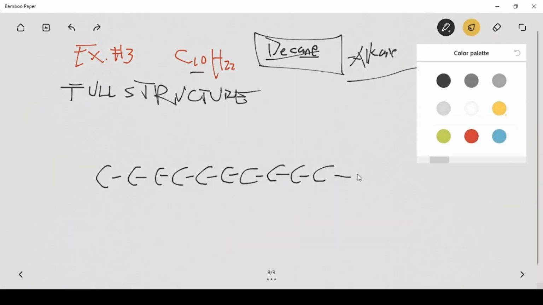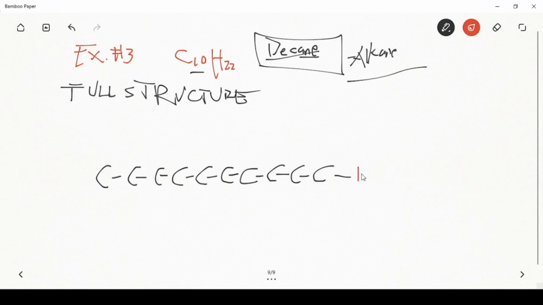Okay, you must put 3 hydrogens. 1, 2, 3. The same with the other side. 1, 2, 3. Now, the carbons in the middle must carry 2 hydrogens, 1 at the top and 1 at the bottom.